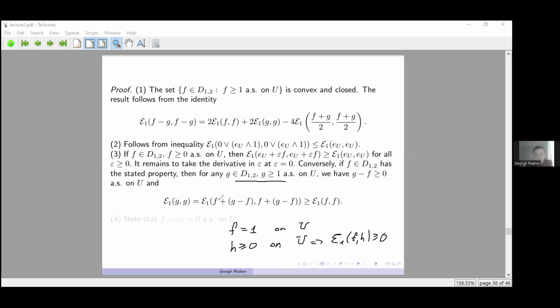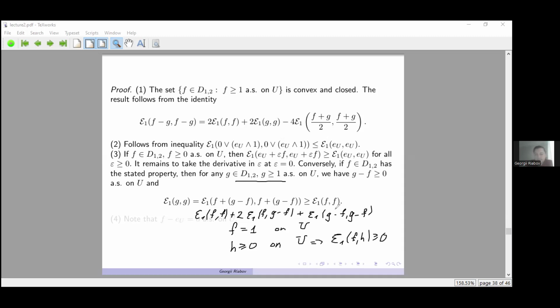Write g as f plus (g minus f), and we can expand it into E1(f,f) plus 2 E1(f, g minus f) plus E1(g minus f, g minus f).